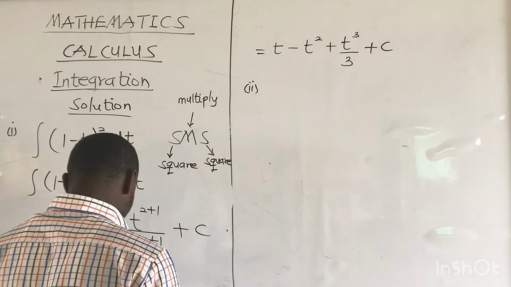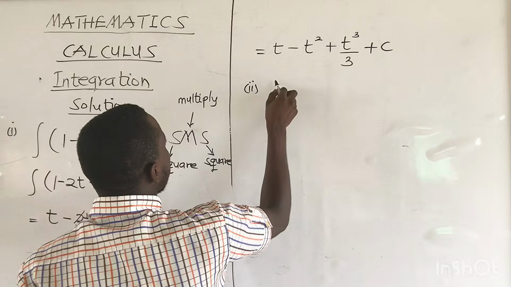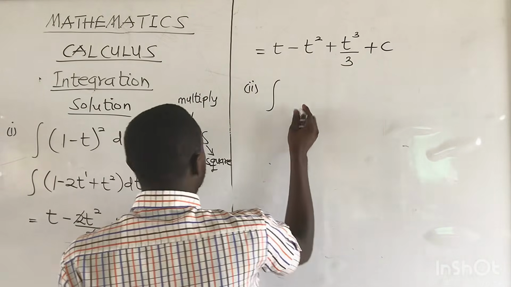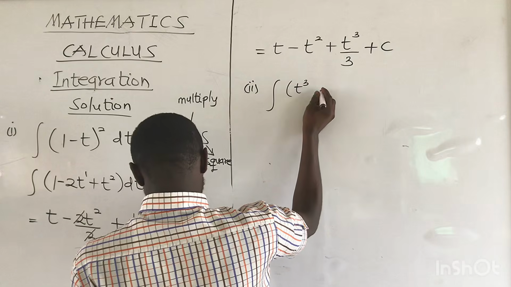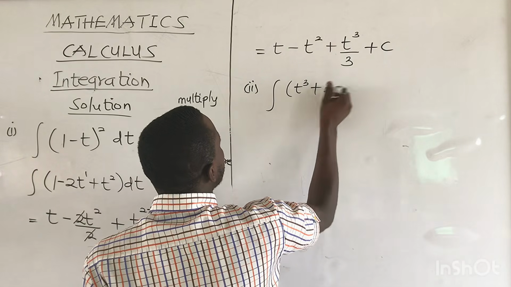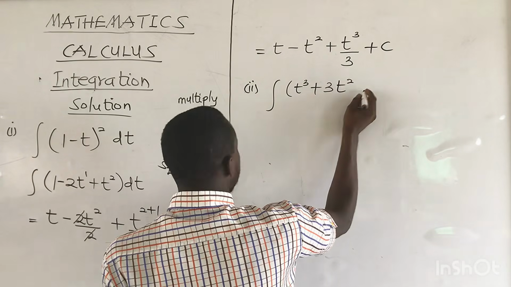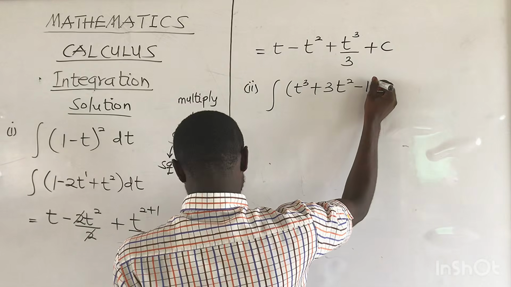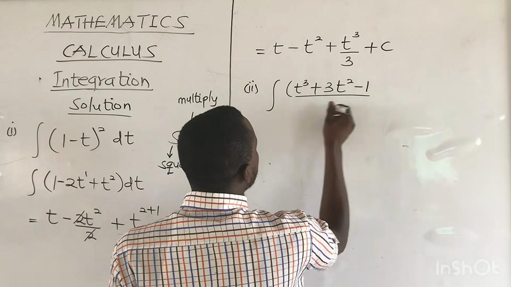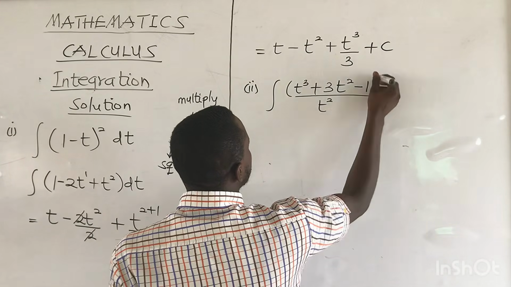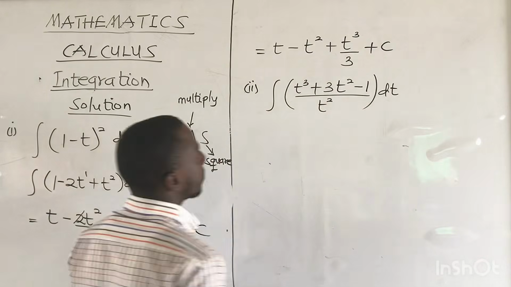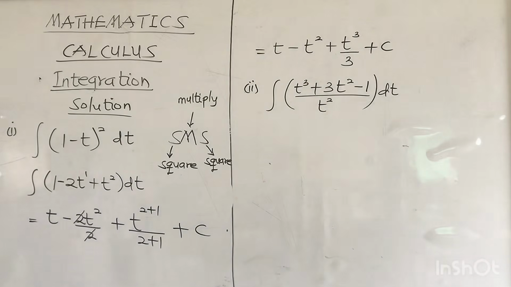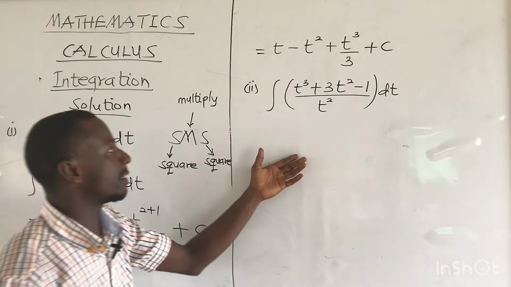So with the II, we have the integral of t cubed plus 3t squared minus 1 all over t squared, all dt. All right. So this is the second part.